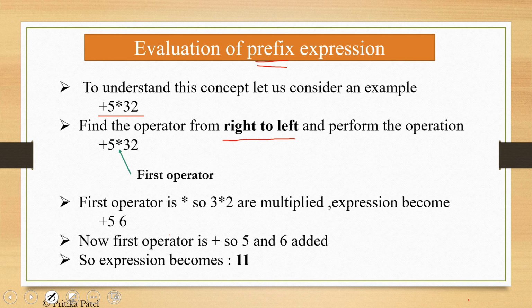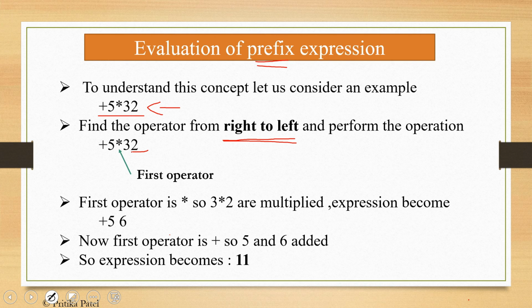To evaluate a prefix expression, first of all we have to scan our expression from right to left. So we start scanning from here and perform the operation. From right to left we check: first is 2, then 3, then the operator is found. Whenever an operator is found, we perform the operation based on that operator.